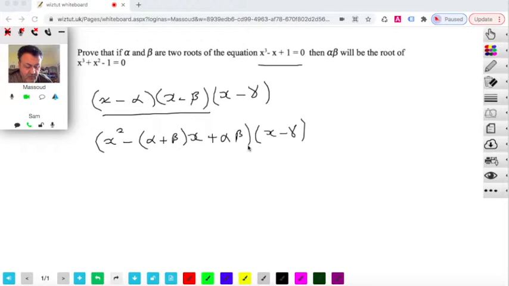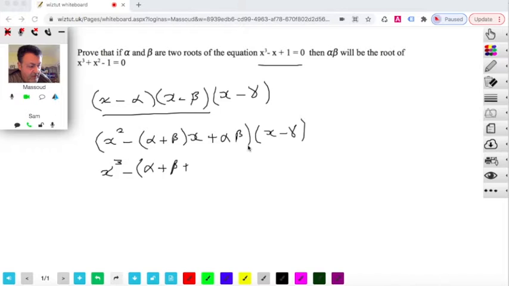Once we expand this fully and simplify it, we would end up with an x cubed. I'm going to assume that you can do that yourself, but send me a comment if you need this expansion to be done.